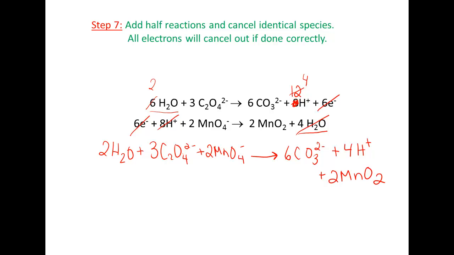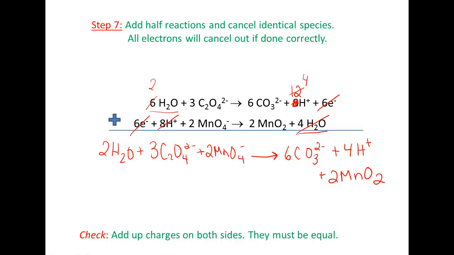So there are lots of steps to this problem. The last step that you should do is really check your answer and make sure that all the charges add up on both sides. So let's do that right now. We have 3 C2O4 2 minuses, that's a -6 charge, and 2 MnO4 minuses, that gives us a -8 charge on the left.